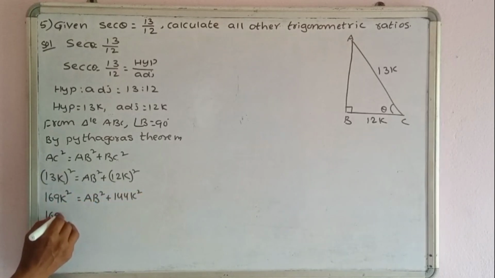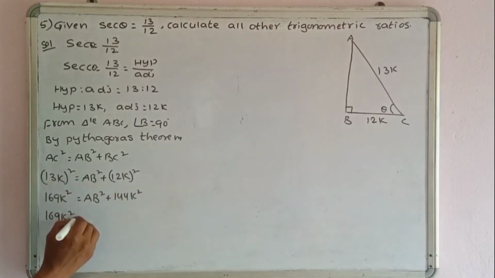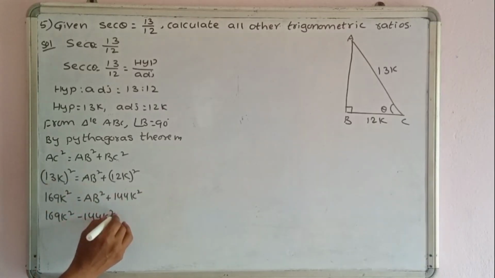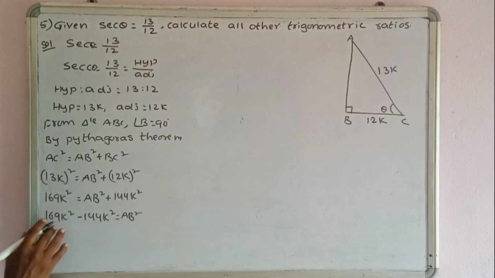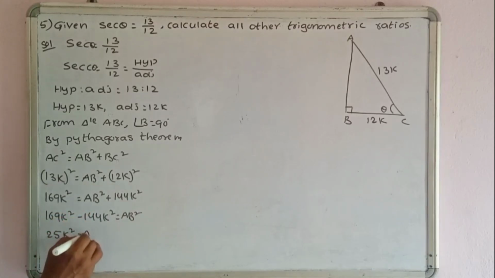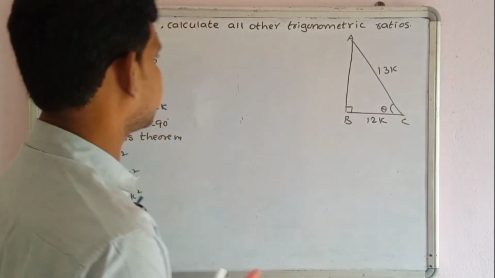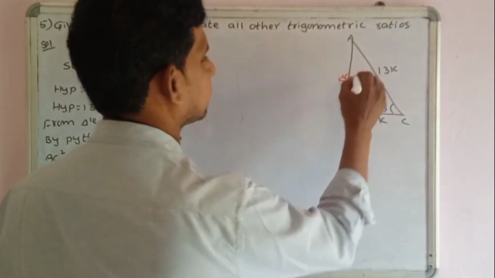So 169K square, transposing 144 to the left side, minus 144K square equals AB square. So 169 minus 144 is 25K square equals AB square. Transposing the square to the right side, square root of 25K square equals AB. Therefore AB equals square root of 25, value 5, square root of K square, value K. So AB equals 5K.